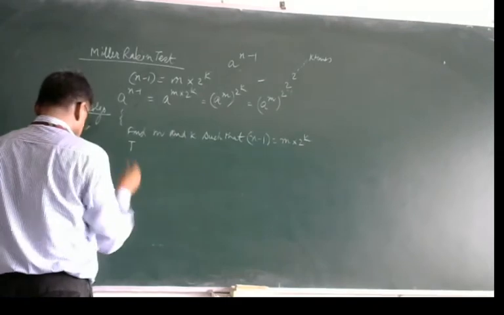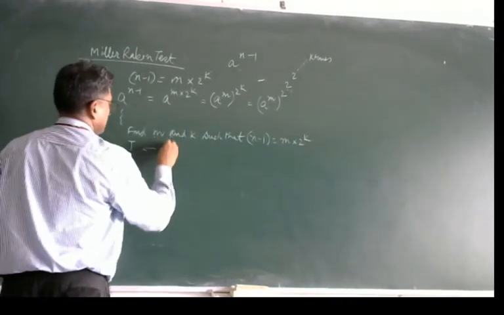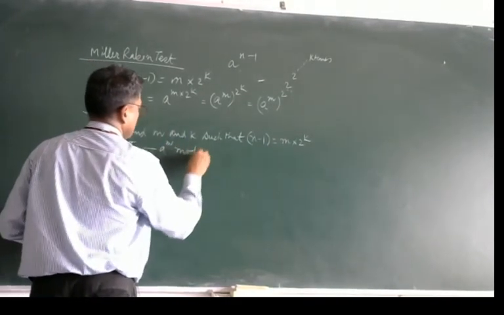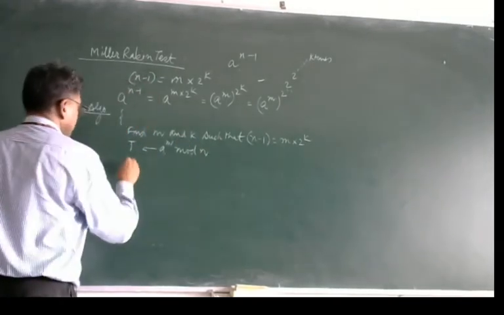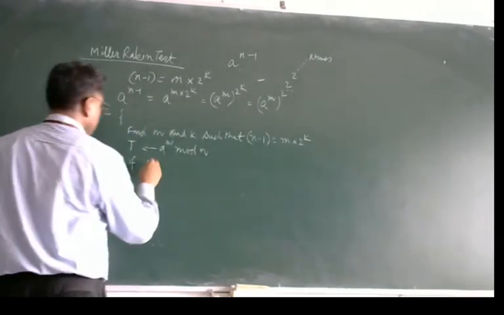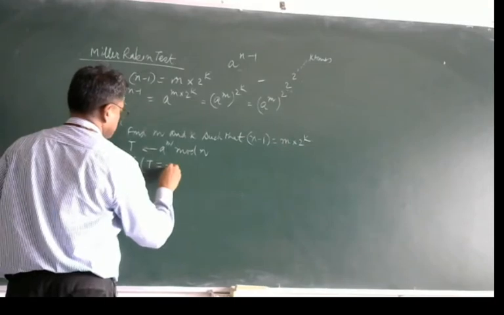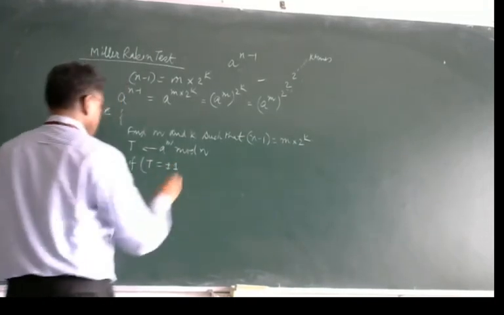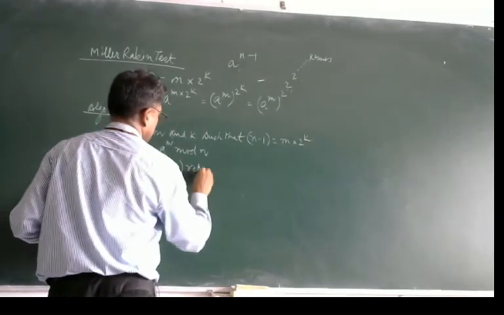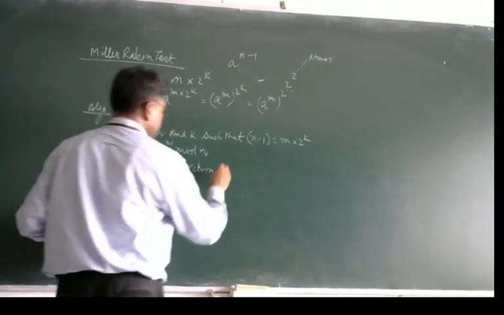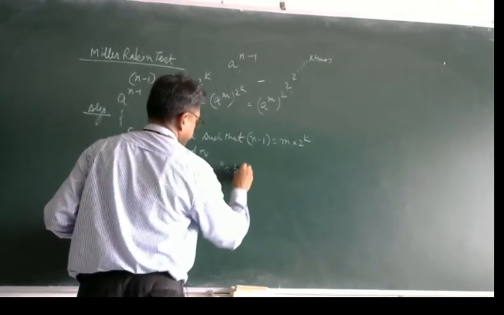Consider t as a to the power m mod n. If t is equal to plus or minus 1, then we return that it is prime.